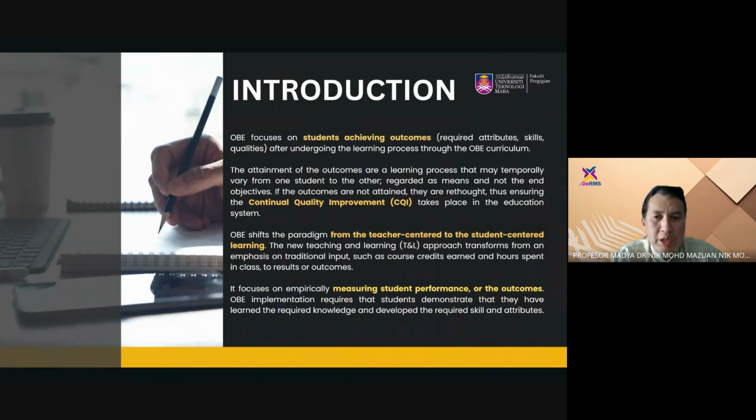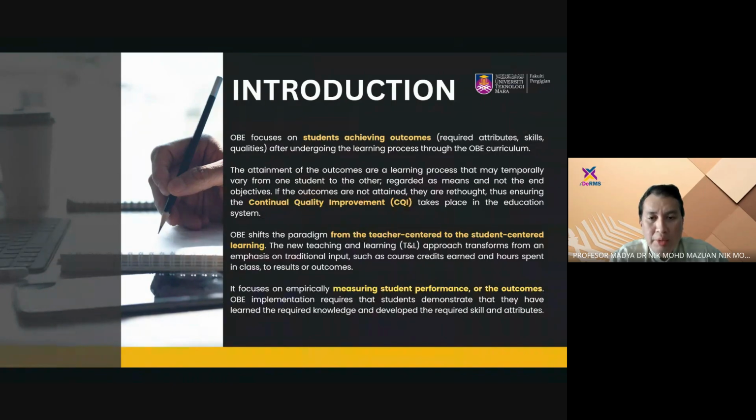So instead of lecturer focus, with OBE it is student focus. The outcomes are what we need to see that our students have at the end of the program or at the end of the course.